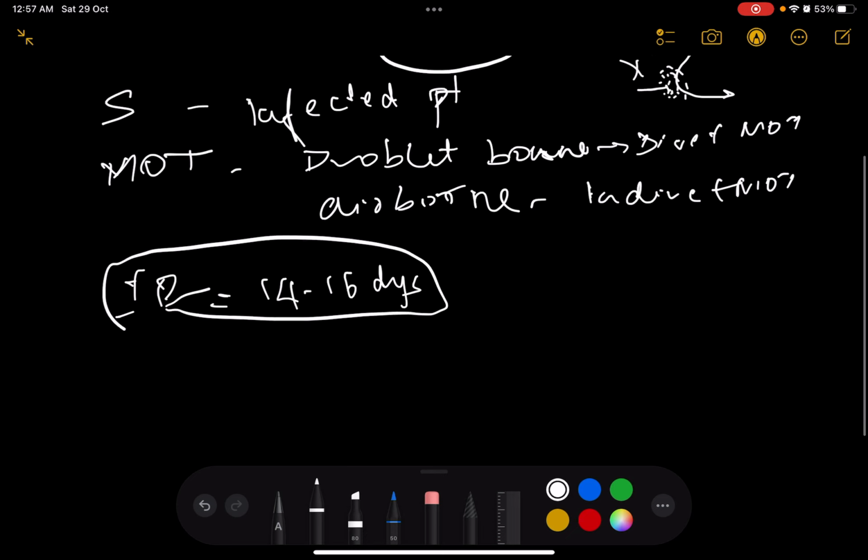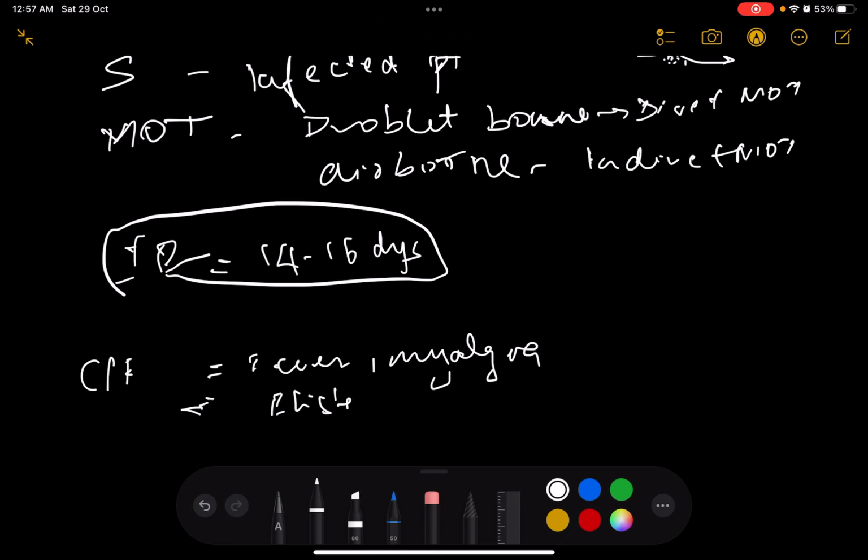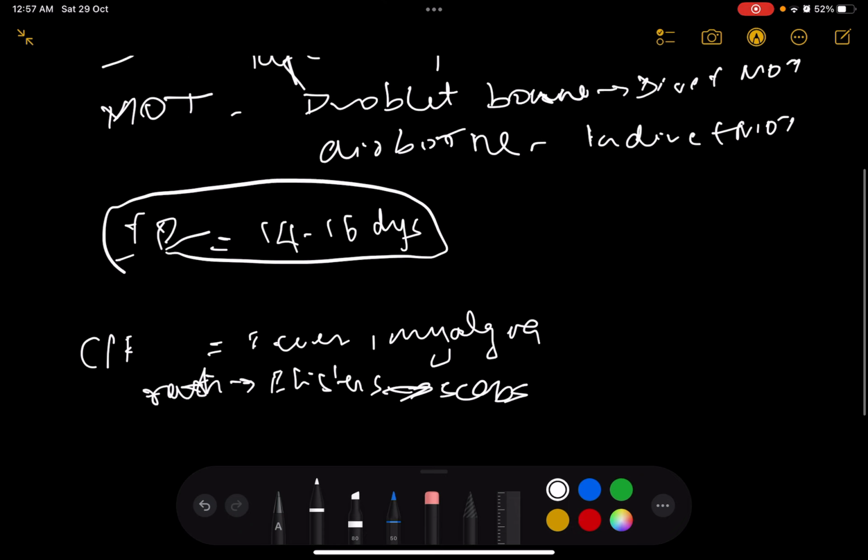So what are the complaints of the patient? The complaints are simple. You would have a lot of fever and myalgia. But something very peculiar and very characteristic is blisters and scabs. It starts with a rash, then becomes blisters, then becomes scab.